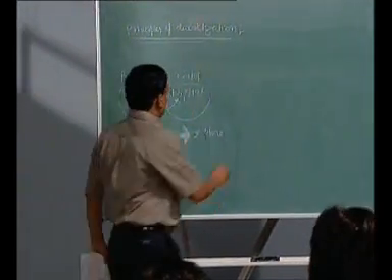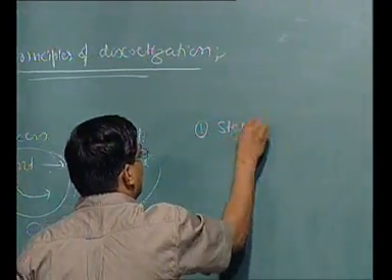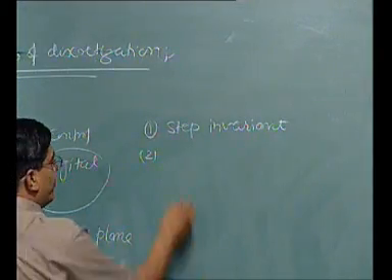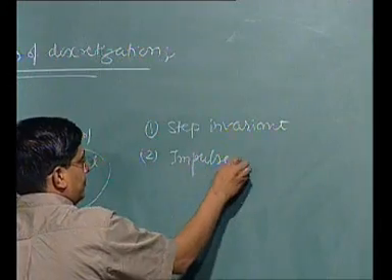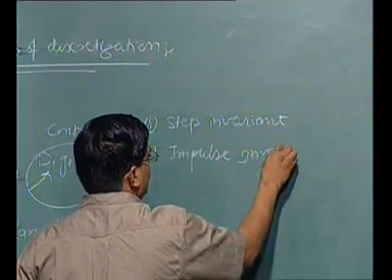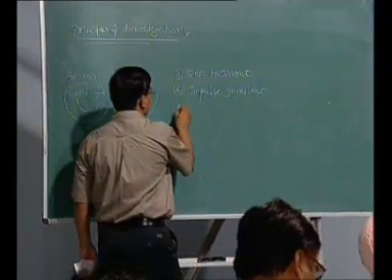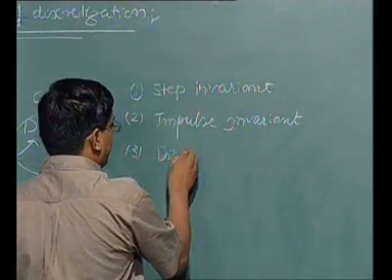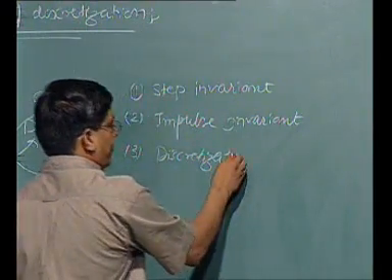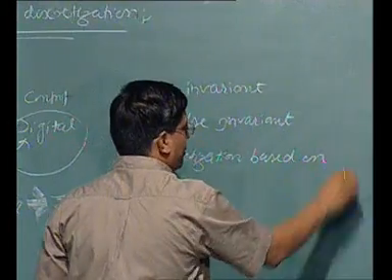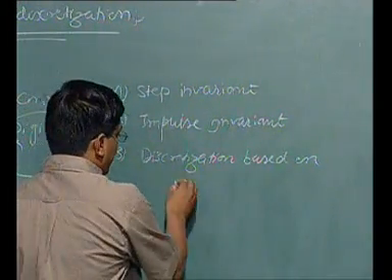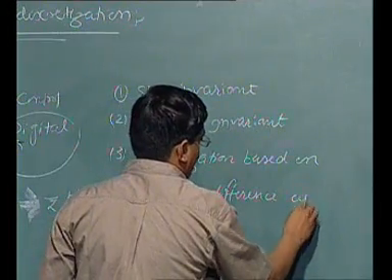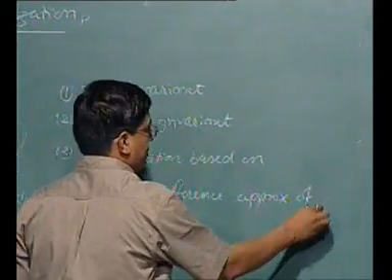One is step invariant discretization, second is impulse invariant discretization, and third is discretization based on finite difference approximation of derivatives.